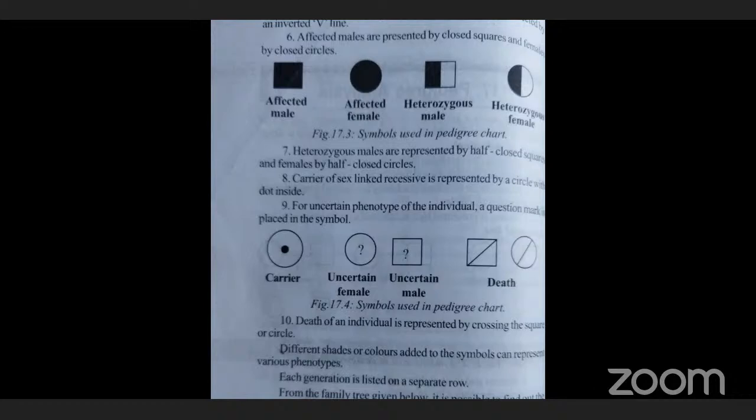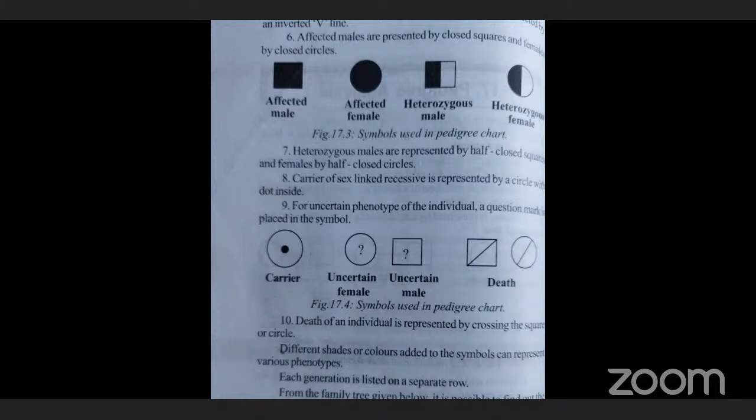If half of the square is shaded and the remaining is not shaded, it is called a heterozygous male. Heterozygous males and females are half-shaded, which means that person is a carrier. Clear?